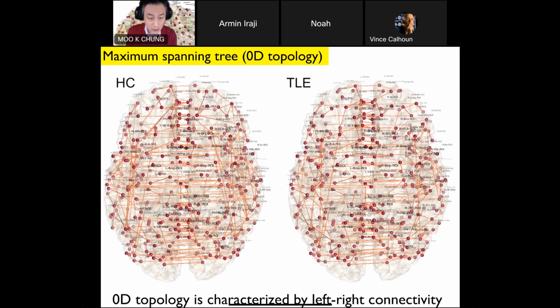So I would say zero-dimensional topology is completely characterized by this hemisphere connectivity. That's cool. I'm sure you can compute the p-value to see. We didn't do it, but you can still do it, I guess.